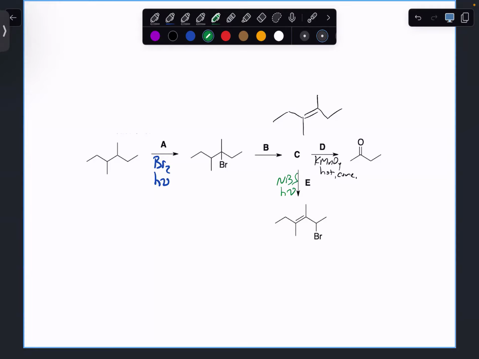Okay, one step left. How do we take this bromine and make letter C, that alkene? It's just an elimination.